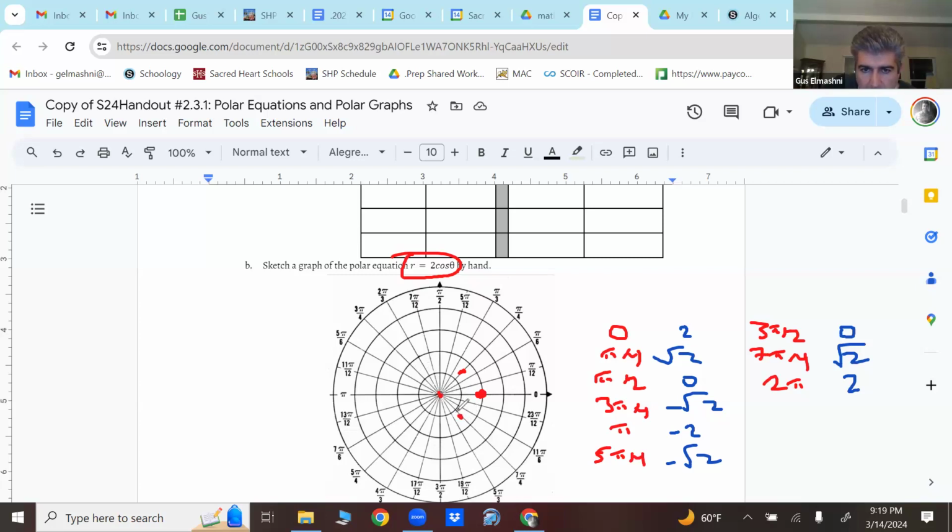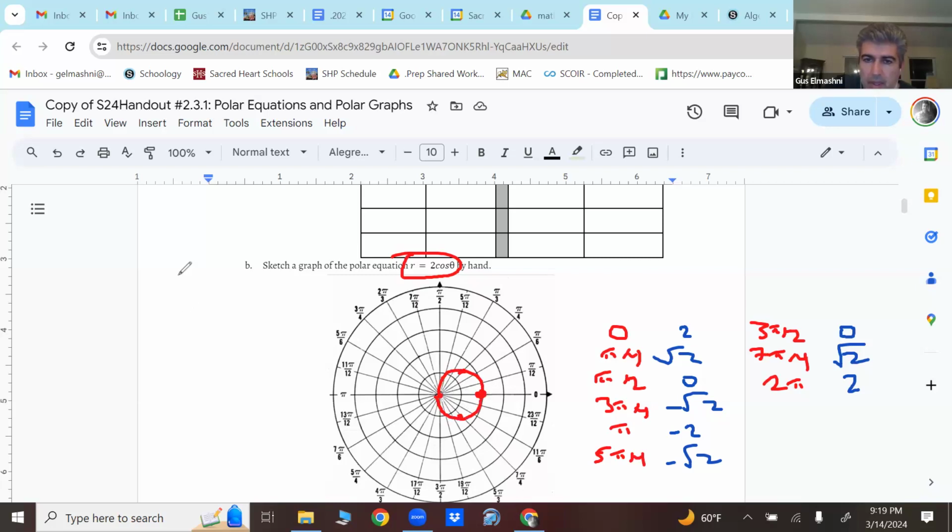Pi and negative 2 jumps over to the other side, right here. 5 pi over 4 but negative root 2, so it jumps over here. If r is negative, it rotates 180 degrees. Then 3 pi over 2, but r is 0, so it stays at the pole. 7 pi over 4, root 2. So you just graph these.